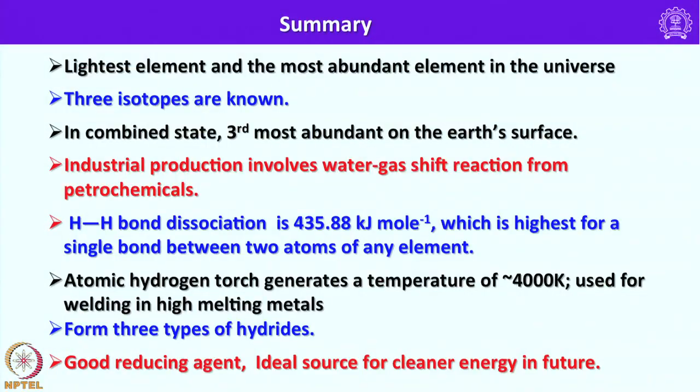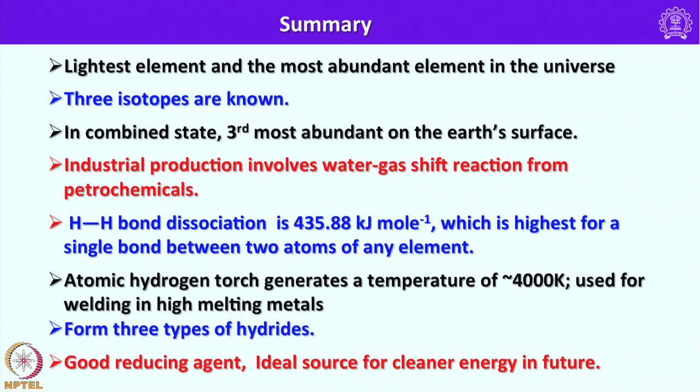And let me summarize overall the chemistry of hydrogen I had discussed so far. Hydrogen is the lightest element and the most abundant element in the universe, and 3 isotopes are known for it: protium, deuterium and tritium, having 1 proton; 1 proton, 1 neutron; and 1 proton, 2 neutrons.